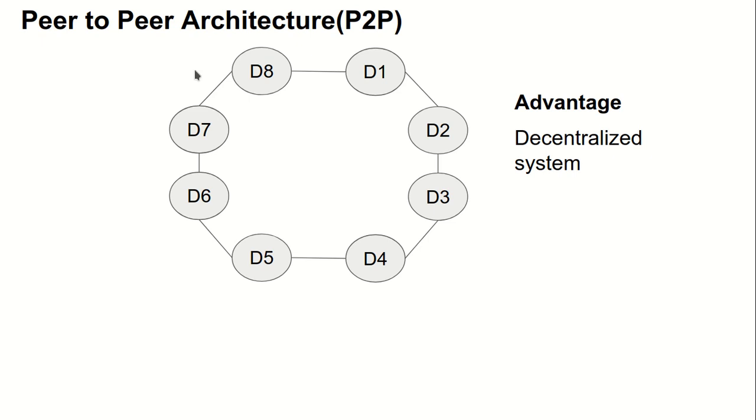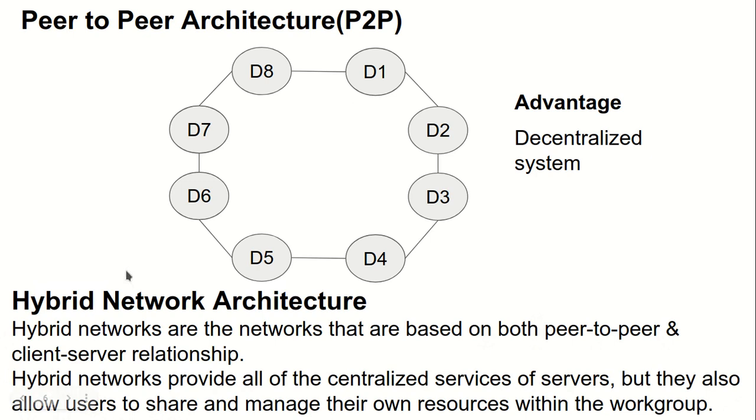There is another architecture also, and that is hybrid network architecture. Basically it's a combination of peer-to-peer and client-server architecture. It will do the functionalities of both. Every device will be connected to each other and share data, and an external server will also be present to share the resources.